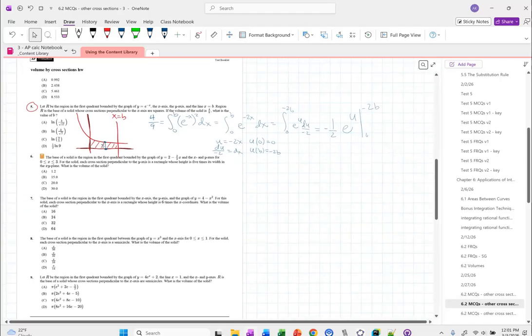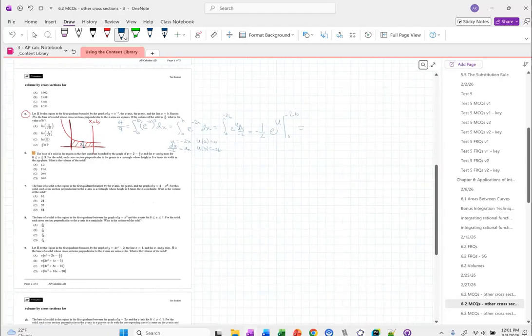And now I'm going to go ahead and evaluate my integral, or plug my values in, do my definite integral. So now I have 4/9 is equal to negative e to the negative 2b over 2 plus 1/2.